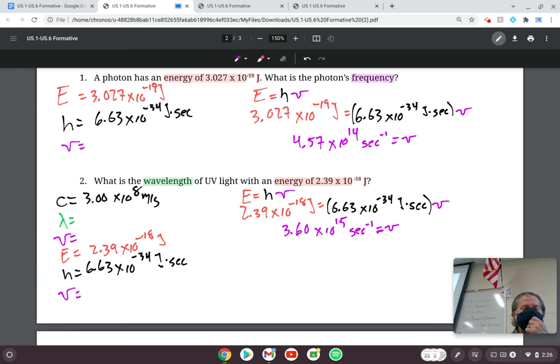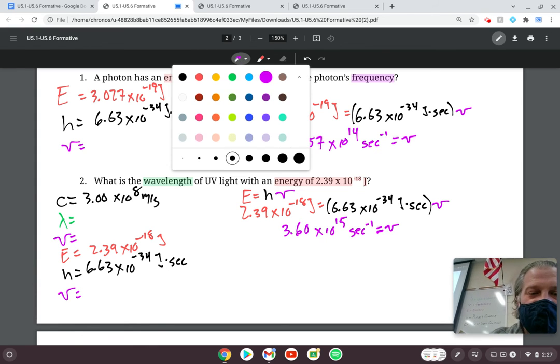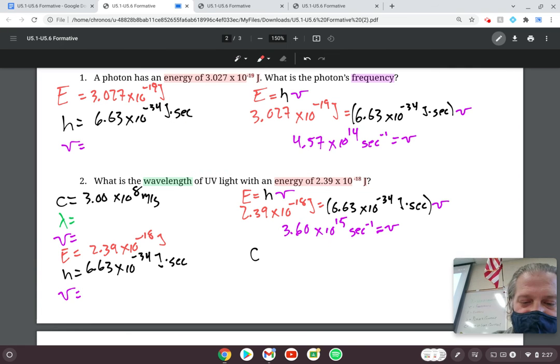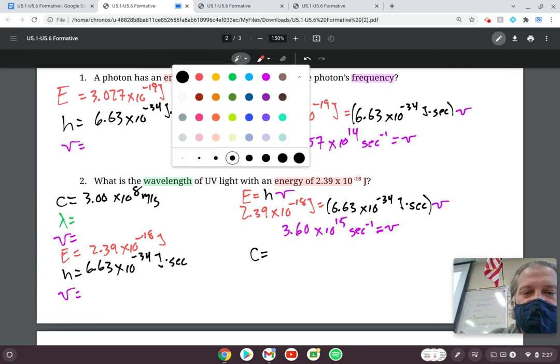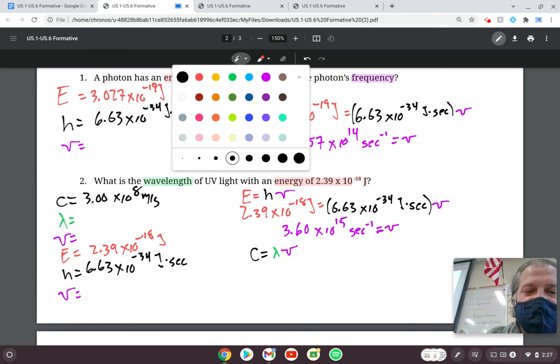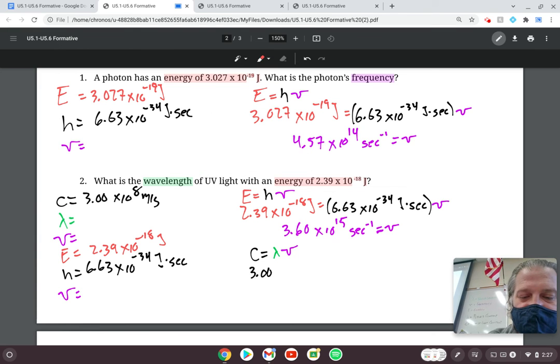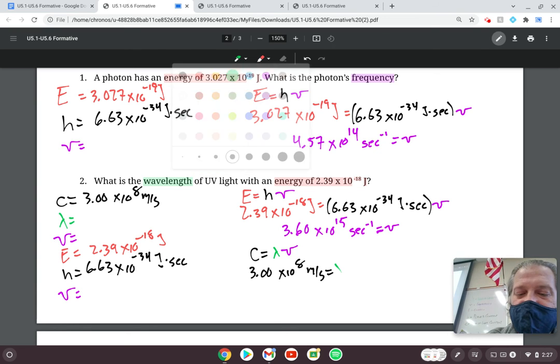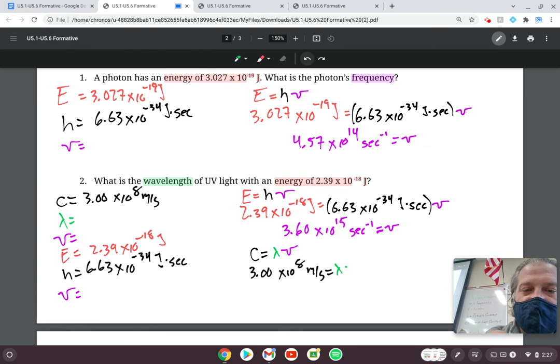Now that I have that, I can solve for wavelength using the speed of light formula. Speed of light is equal to wavelength times frequency. Speed of light is 3.00 times 10 to the 8 meters per second. Wavelength is what we're solving for.